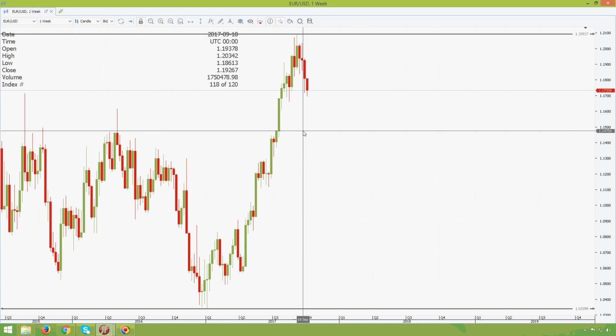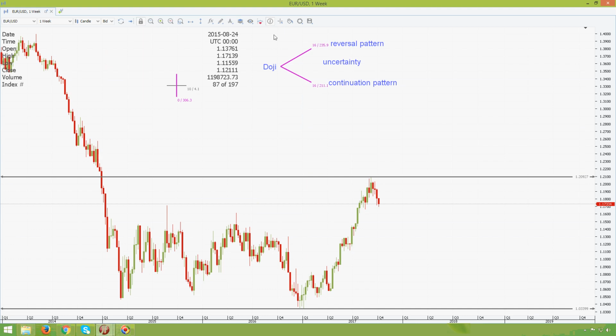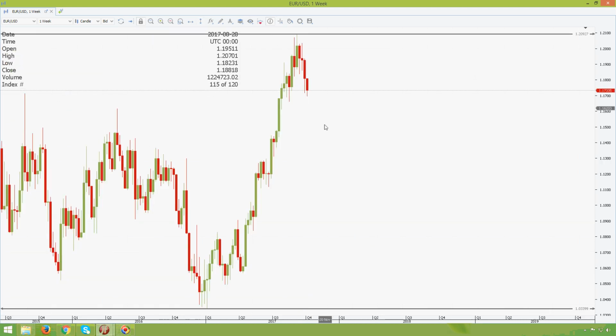But remember what a Doji means or looks like. Let's zoom out. There is uncertainty, which may mean consolidation, a continuation pattern, or a reversal pattern. In the case of this Doji here, we don't know which type of pattern it is. Why? Because it forms in the middle of this consolidation pattern, and it can be both a reversal or a continuation one.